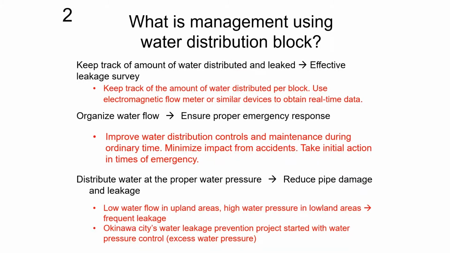Leakage in a block can be estimated by comparing the inflow with the sum of customer consumption within the block, obtained from meters installed at each household. In addition, installing meters with communication functions, such as electromagnetic type, enables monitoring of daily flow trends, with real-time data transmitted from communication equipment.